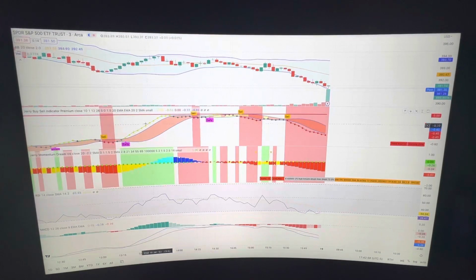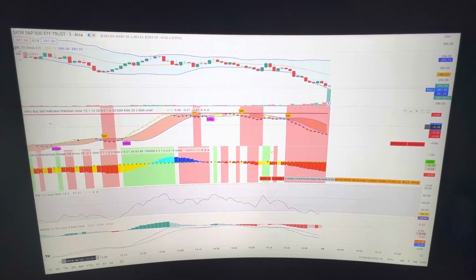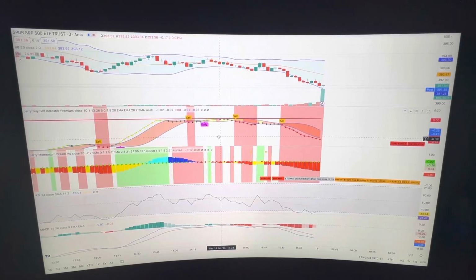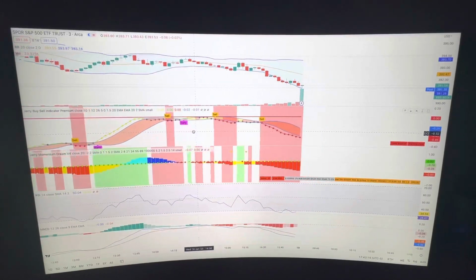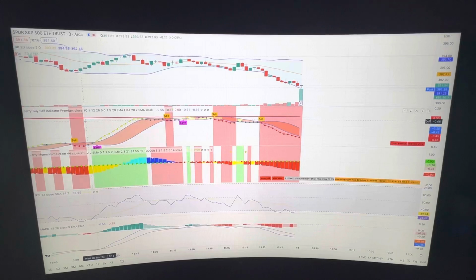Then if we go down, we have the Jerry buy sell indicator. So basically, I don't take this for what it is, like a buy sell early whatever indicator. I just kind of like having it there. And I'm in Jerry Romine's, he's another YouTuber. I'm actually in his Discord.